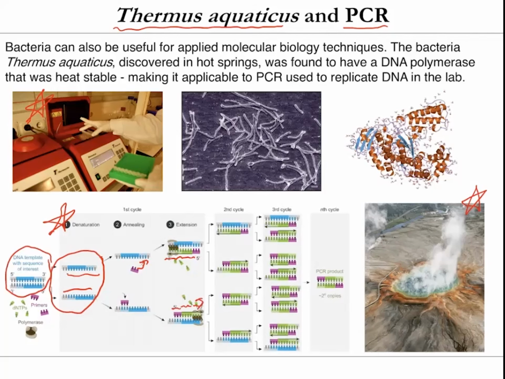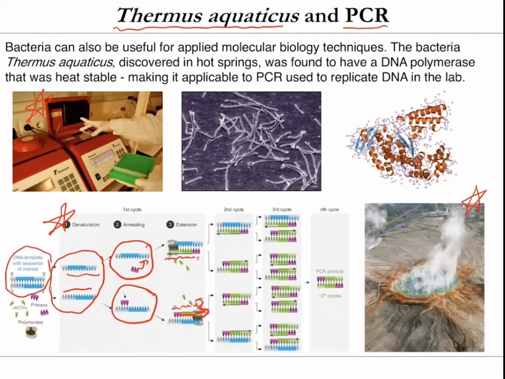Now, the problem with this is that the polymerases in your body that would synthesize this DNA are not going to be able to function at the high temperatures that you need to separate those strands of DNA. And if you drop the temperature down to where they can function, that DNA is just going to anneal back together, and then you're not going to be able to do your PCR.